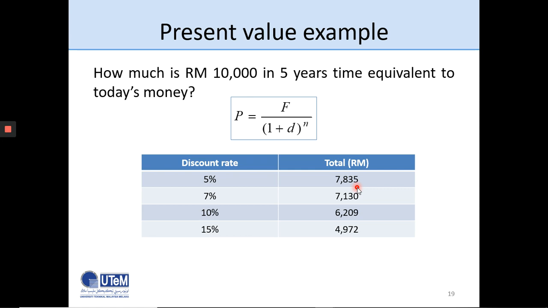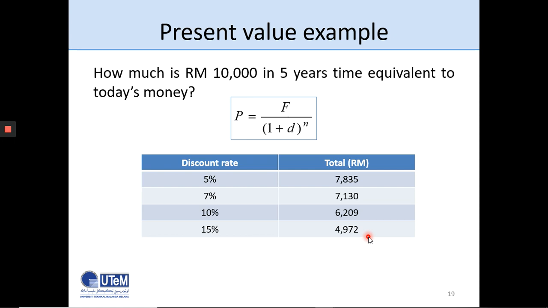In other words, if you invest 7,835 ringgit now in a place where you get annual interest of 5%, then after 5 years you'll get 10,000. So you see the pattern here. As the discount rate increases, your present value decreases.